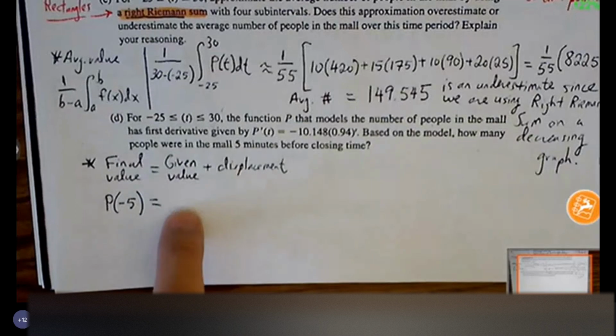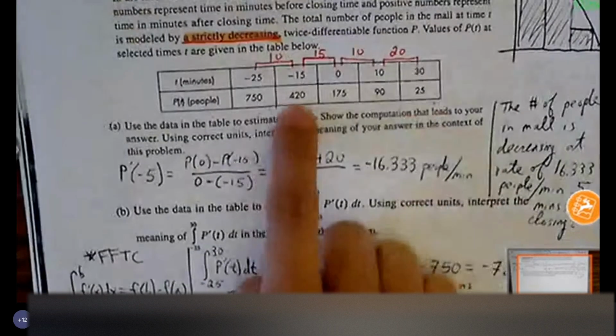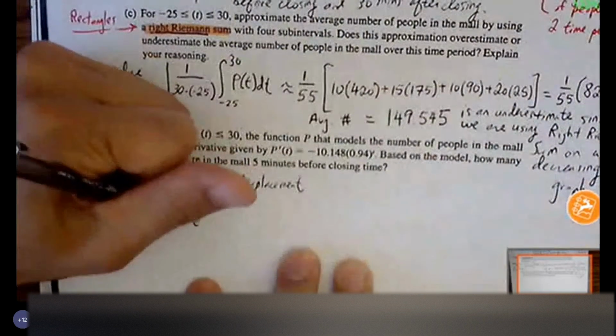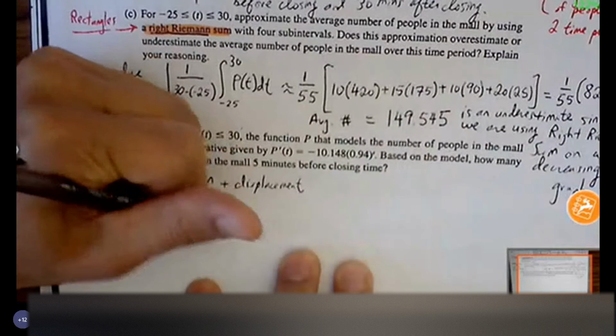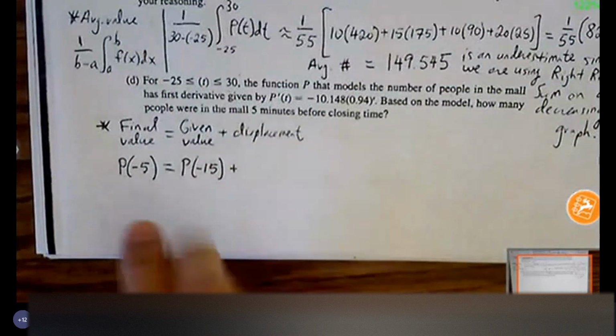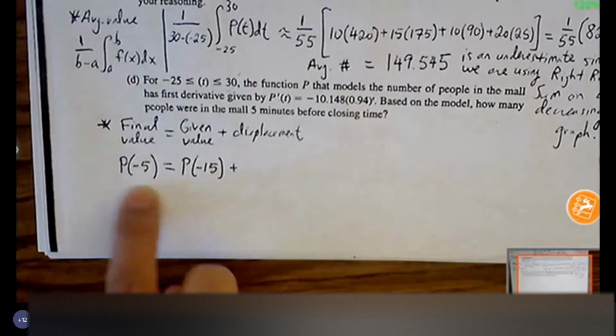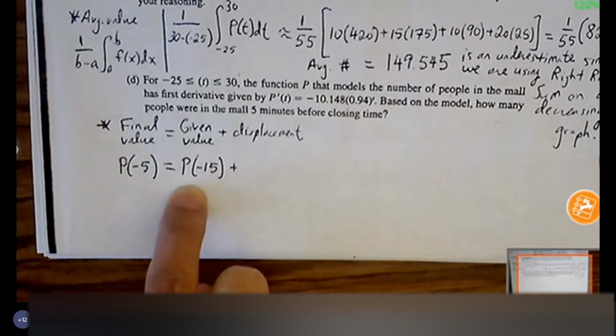Let's give ourselves a starting point. Starting point is 400, this P of -15. So I know how many people are in the mall 15 minutes before closing, and so I just have to figure out what's the difference between those two values.